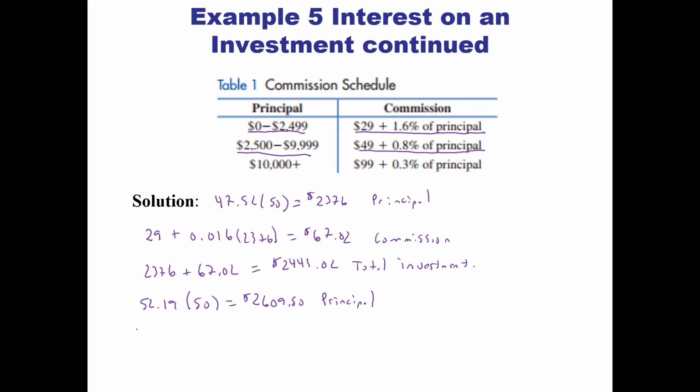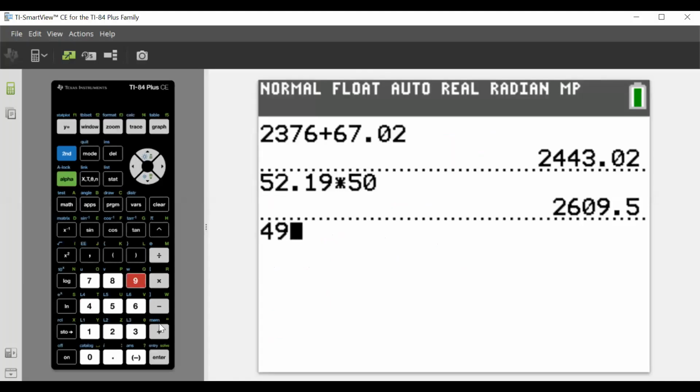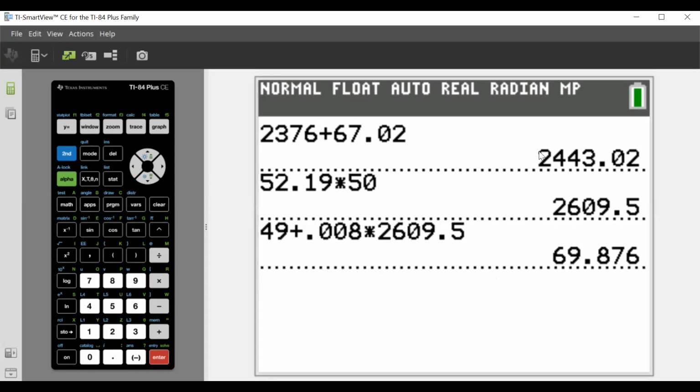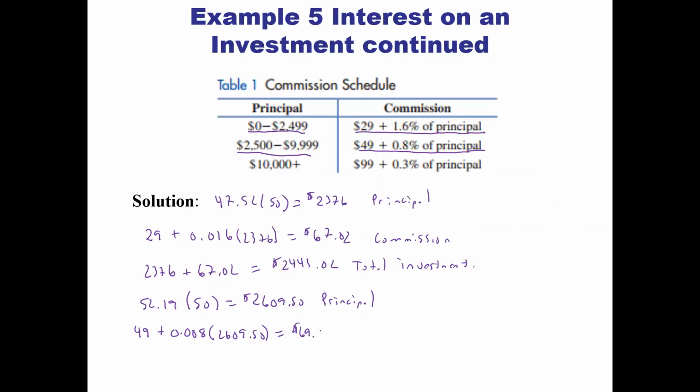That commission is $49 plus 0.008 times 2609.50. Multiplying all that out, 49 plus 0.008 times 2609.50 gives us 69.88. And that's our commission again.